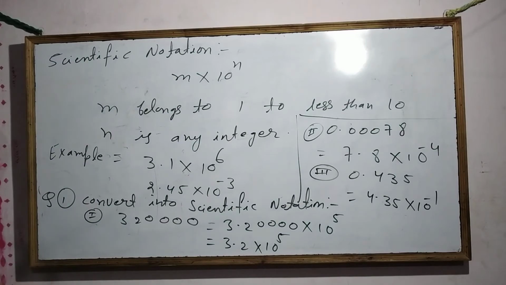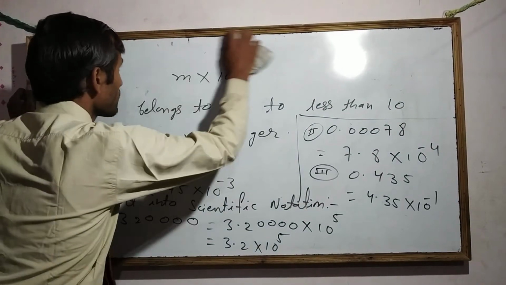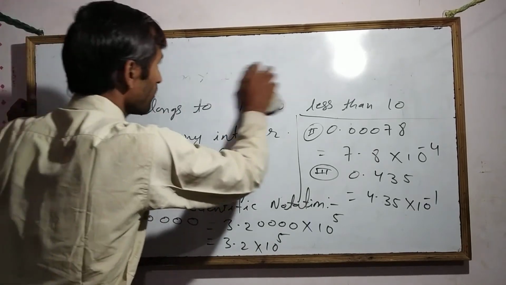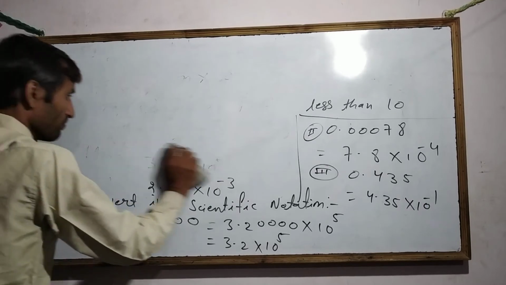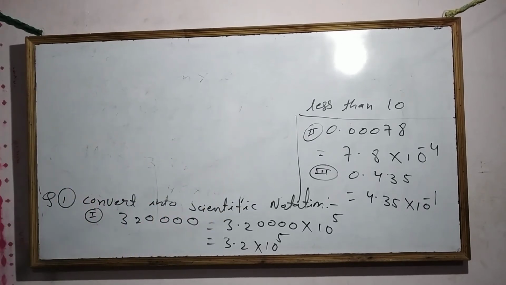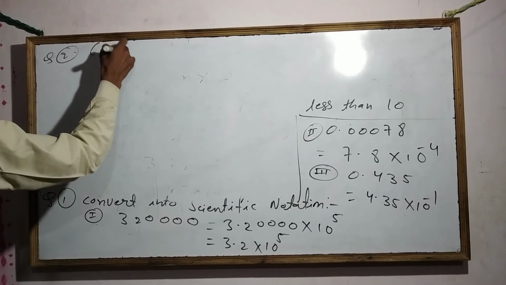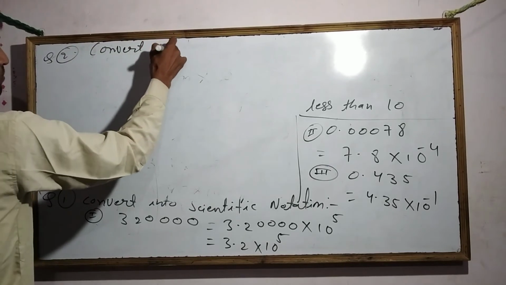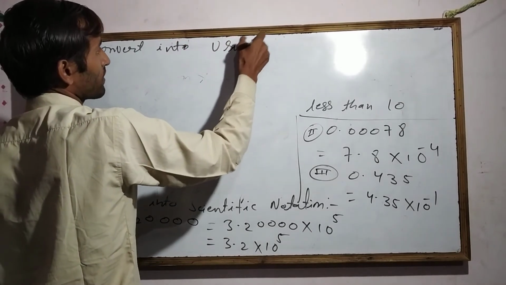Next, after the reverse of this, the question is given in scientific notation and we have to convert into standard form. Second part: convert into a usual number, or you can say a standard number.